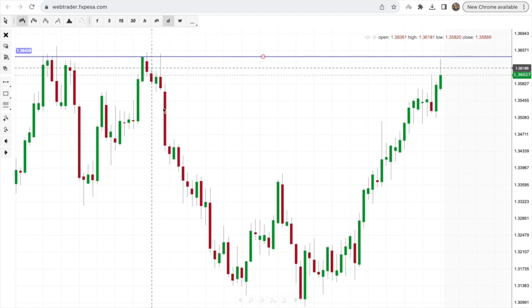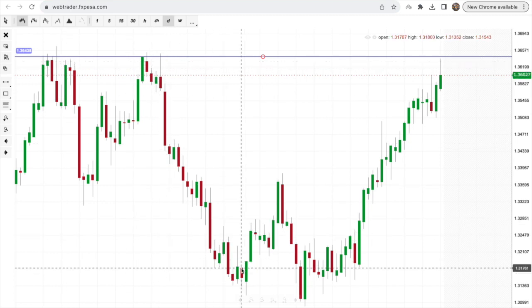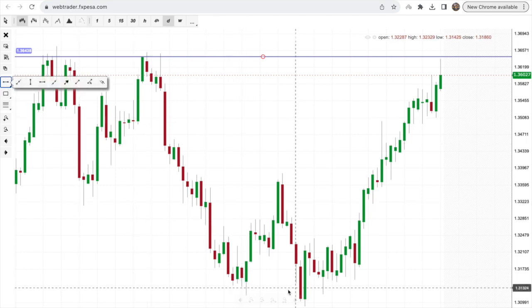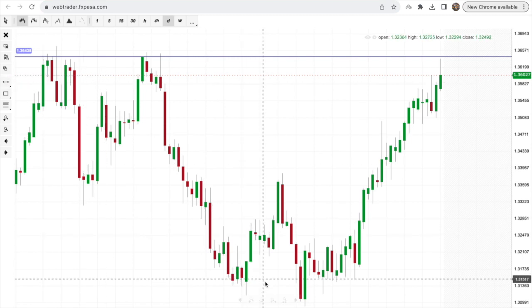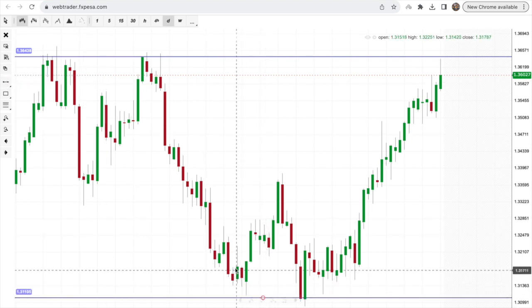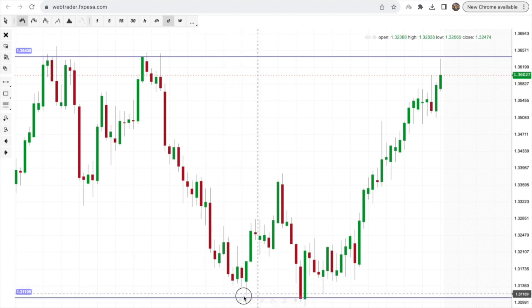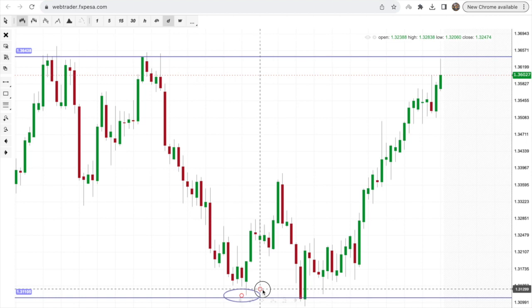What happens after that? Drop. And then when it drops down all the way, let's draw another line. It drops down all the way down here. I'm going to draw this line. What happens? It touches that line area once. It touches this line area once, right?